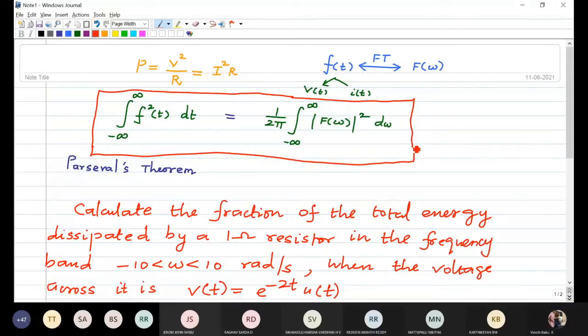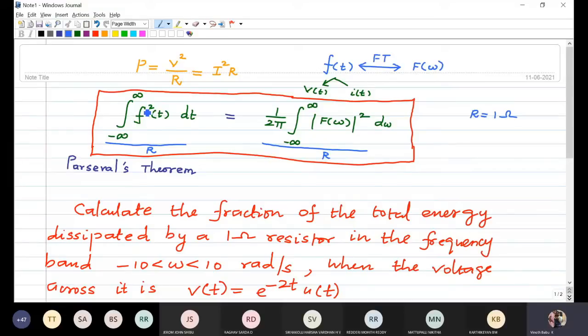Okay, we are going to prove this. I said this f of t can be a voltage or a current. In some problems, they take the resistor value as 1 ohm. If that is the case, whether it is voltage or current, P is just V square or I square, no problem. Suppose they have given some resistance value, and the waveform is voltage, then we need to divide this by R. The same thing we will be doing here.